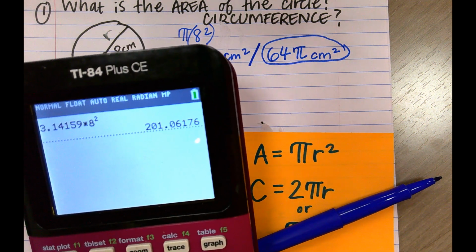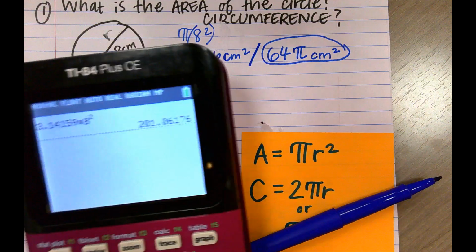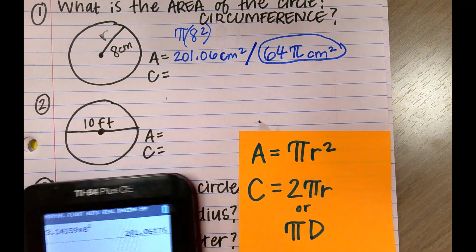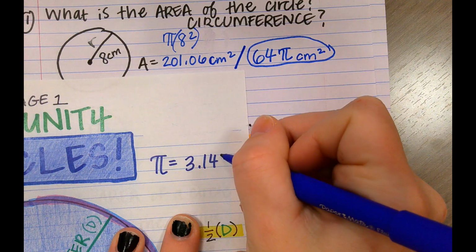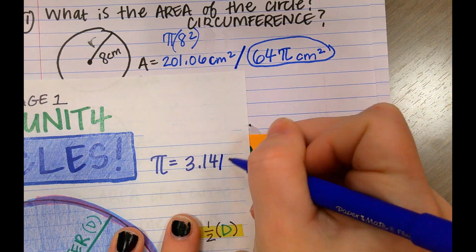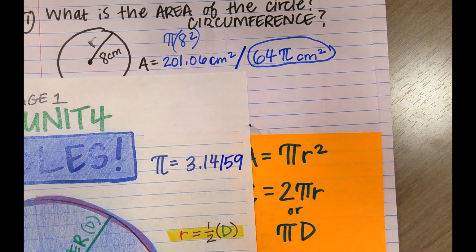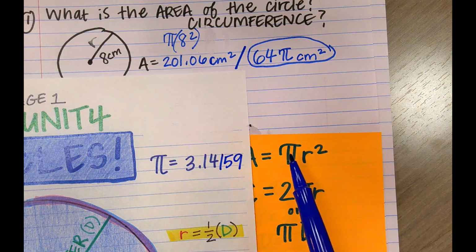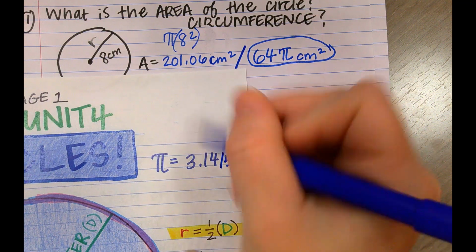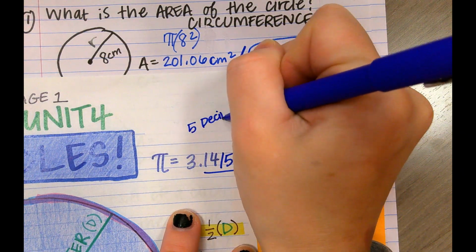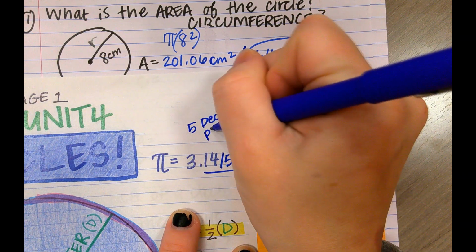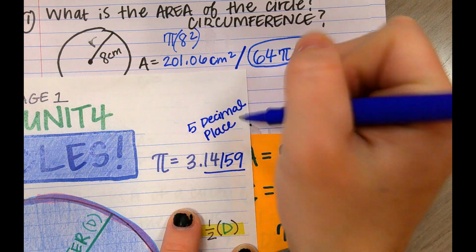Hey, that is pretty accurate. So if you're not going to use the pi key, you have to use 5 decimal places, at least, because if you just use 3.14, your answer will be wrong.